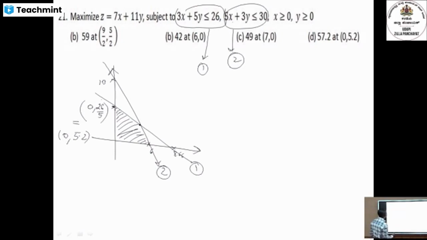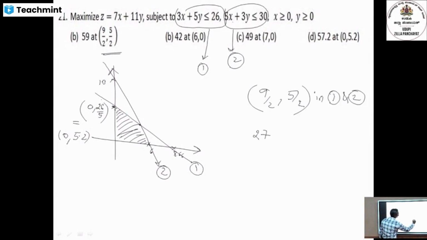You can see that 9 by 2 and 5 by 2 are given in the option. So put (9 by 2, 5 by 2) in 1 and 2. When you put it in 1, it will be 27 by 2 plus 25 by 2, which is equal to 52 by 2, equal to 26. Yes, equation 1 satisfies.